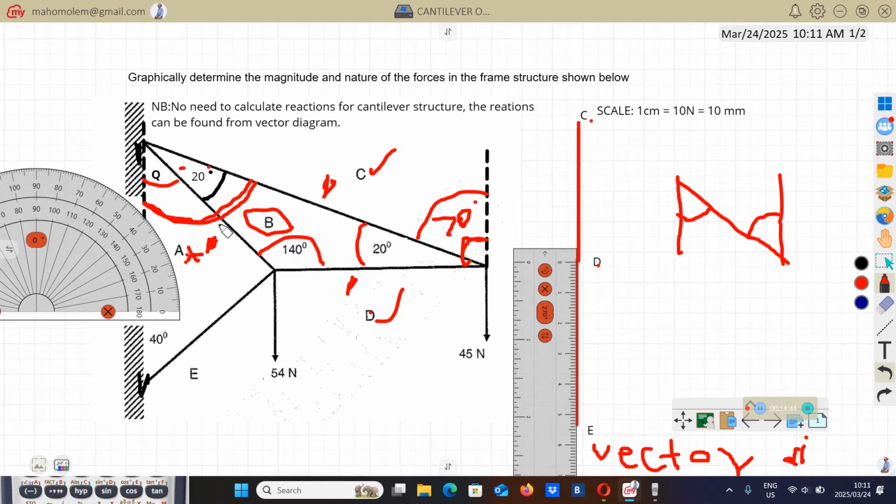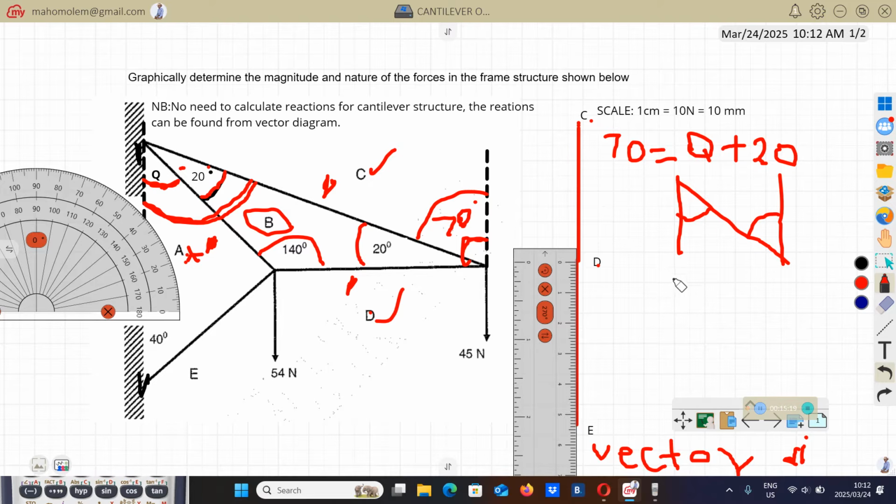So now we have to find the Q. What you can see here is that Q plus 20 equals 70. So this angle Q plus this angle are equal to 70. So 70 equals angle Q plus 20 degrees.